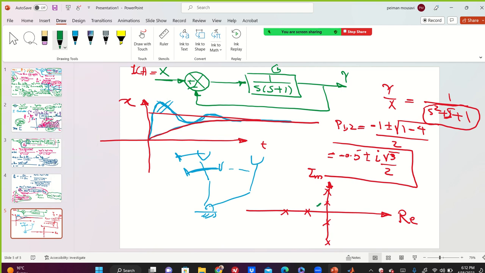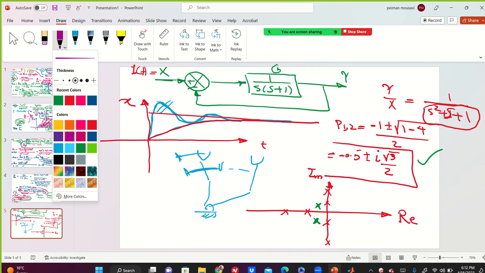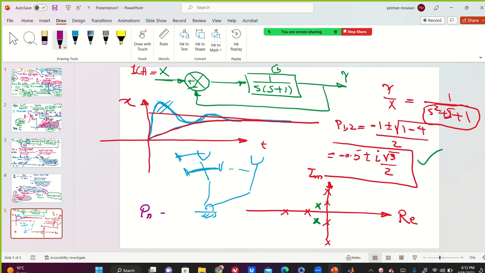You are my control engineer, I'm hiring you. This is an underdamped system. Design a controller for me so that its desirable poles, your new poles, are at minus 2 here. And a critically damped system means there are 2 repeated poles, remember?